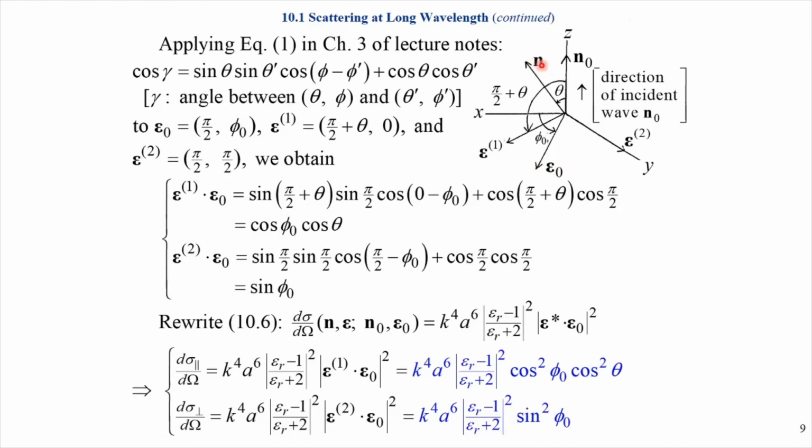And we can divide the scattered wave into two polarizations. One is epsilon 1, the other is epsilon 2, differing by 90 degrees. So epsilon 1 is still in the XZ plane, and epsilon 2 is along the y-axis.